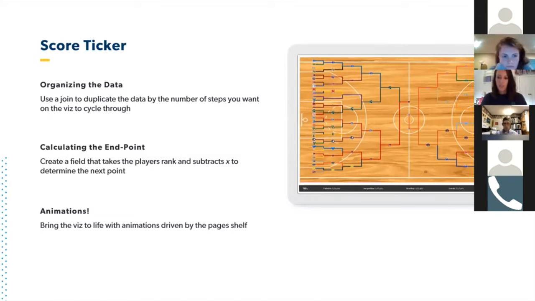Every rank has a start point, and that's the current rank that that player's in, but we wanted to take the rank and then cycle it to an endpoint where it was on a different point on the chart. And lastly, animation, bringing the viz to life by using all of that combined in the page itself to play it on Tableau Public. And I think now I'll take over and we can walk through what this looks like.